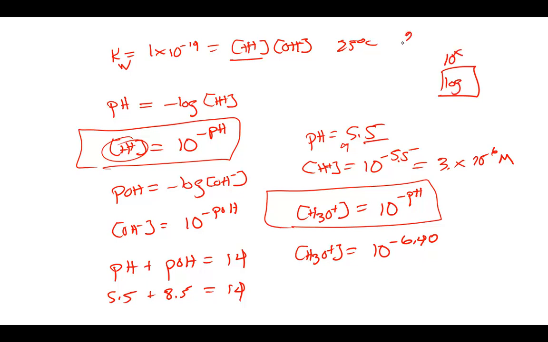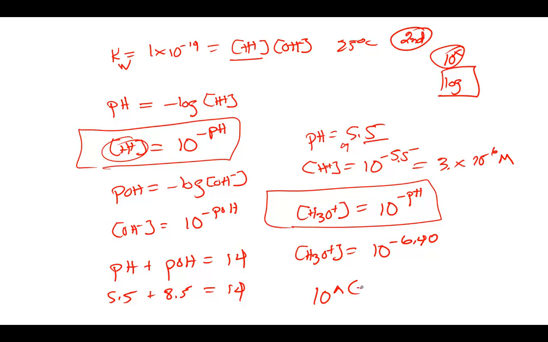I have to press the second key up towards the top left, which activates this. So I would hit second function log, and I should get a 10 with a caret symbol and a parenthesis. Then I would put in a negative 6.40 and close the parenthesis.